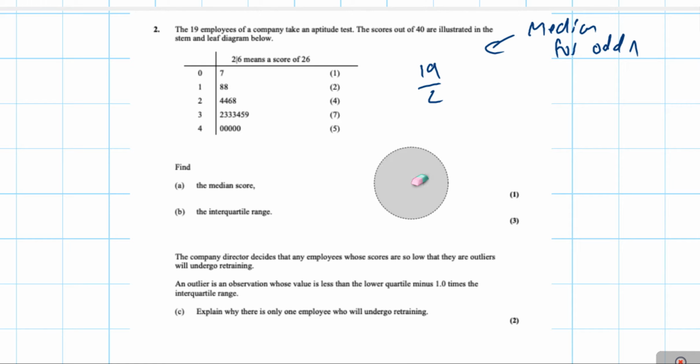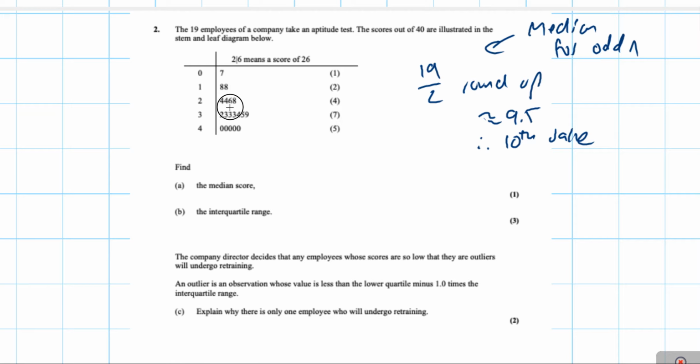My apologies, that's the even one I've given you. So 19 divided by 2 is equal to 9.5, therefore it's the 10th value that we're interested in. So we just count 1, 2, 3, 4, 5, 6, 7, 8, 9, 10. And the 10th value here is 33.